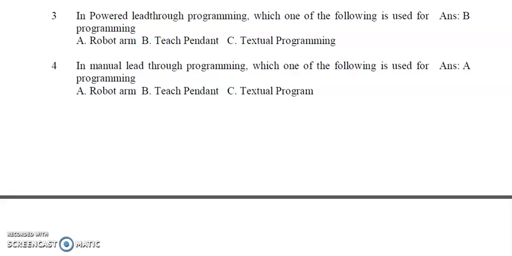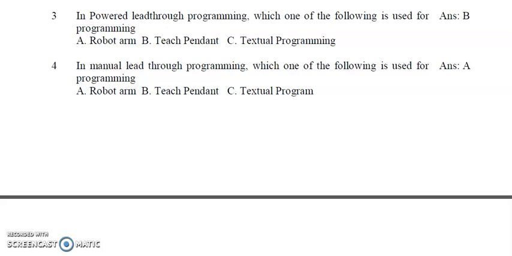Question 3. In power lead through programming, which one of the following is used for programming? A. Robot arm. B. Teach pendant. C. Textual programming. In power lead through programming, the teach pendant is used for programming. So the answer is B. Question 4. In manual lead through programming, which one of the following is used for programming?